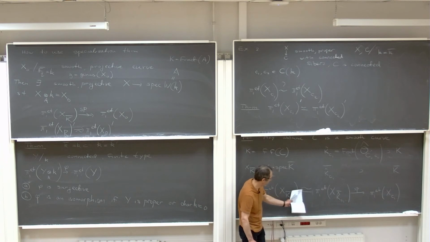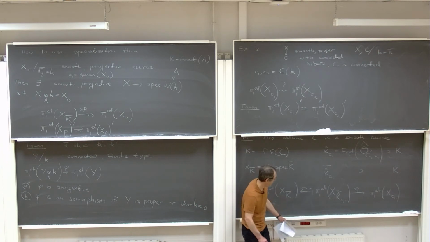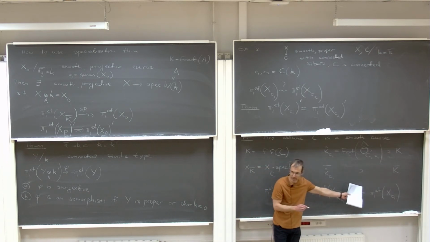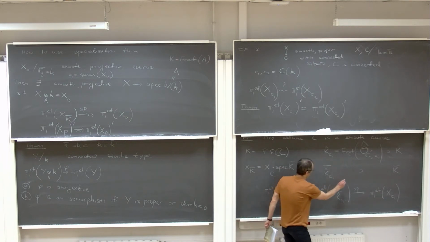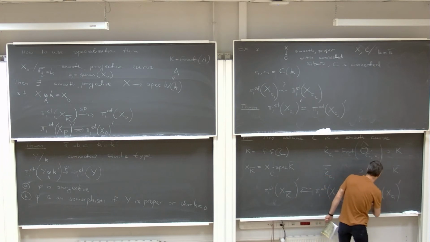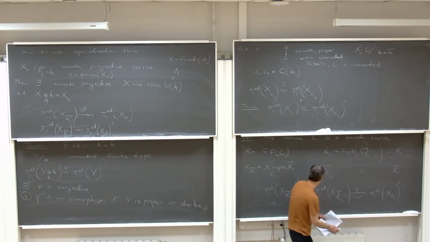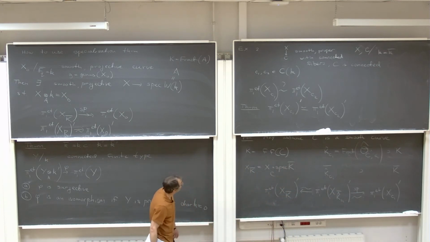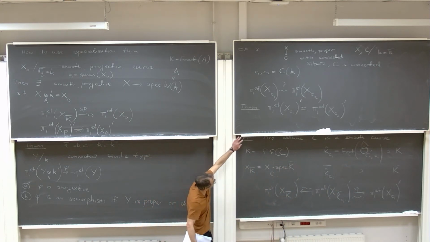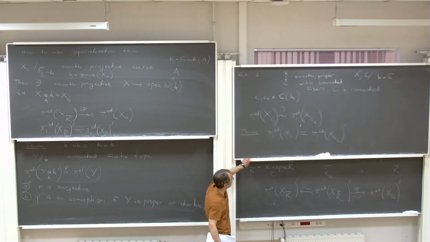I will explain it later. So this is an isomorphism, and this is an isomorphism on quotients coprime to the characteristic. So we get that this group is identified with this. We produced an isomorphism.